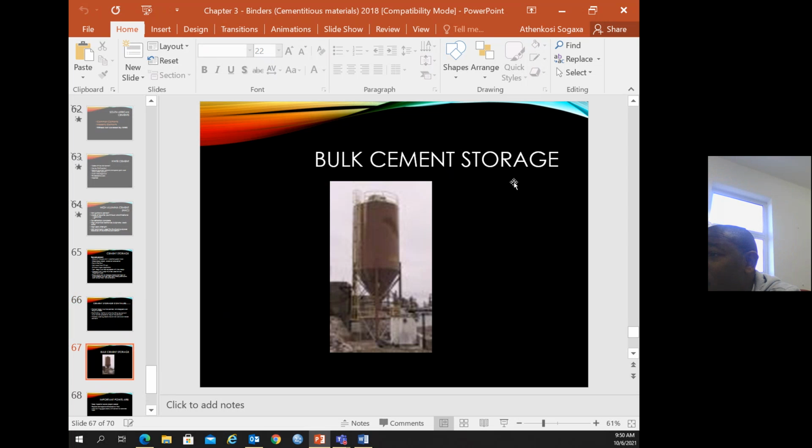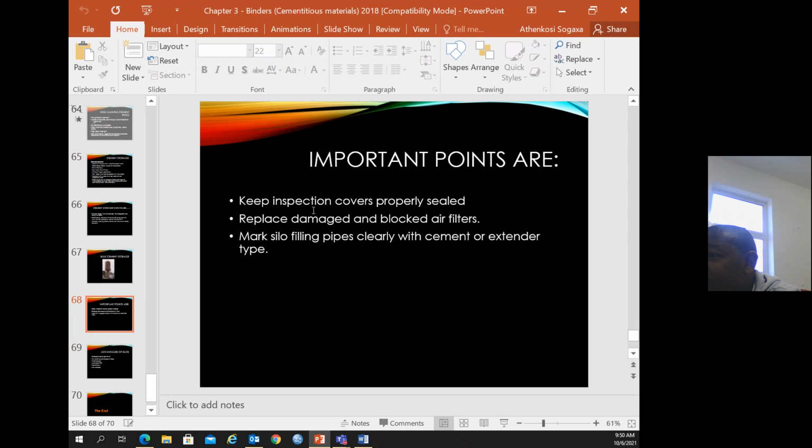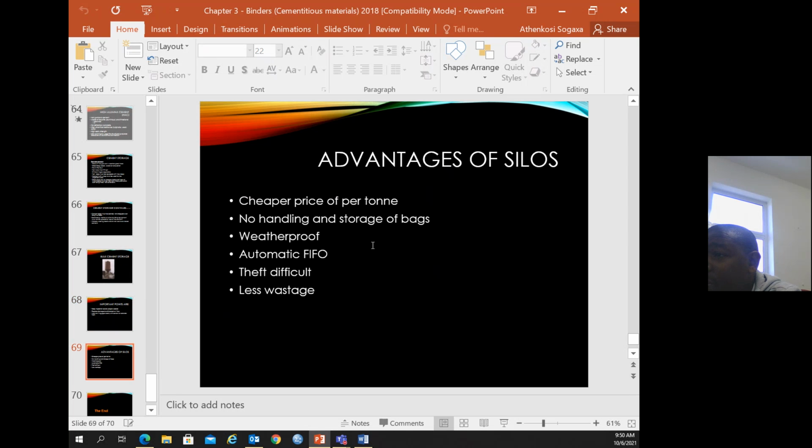There is also bulk cement storage, which is a silo tank. Keep inspection covers properly sealed, replace damaged and blocked air filters, and mark the silo filling pipe clearly with cement or extender type.